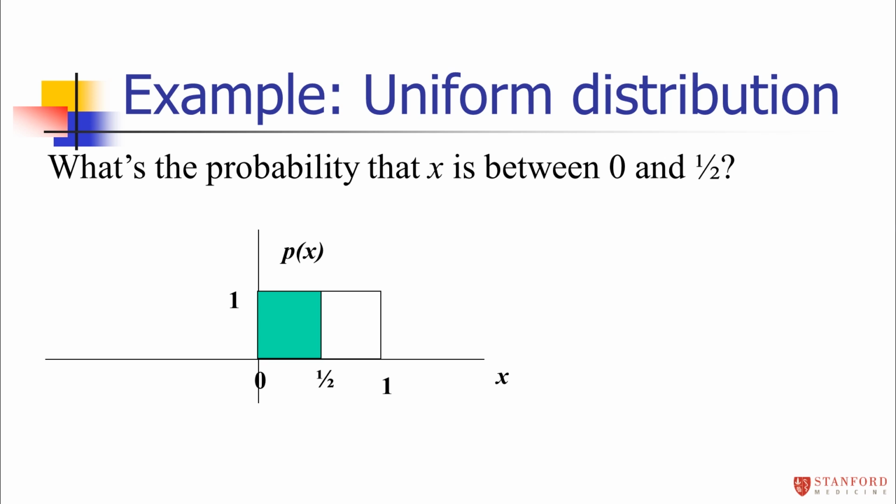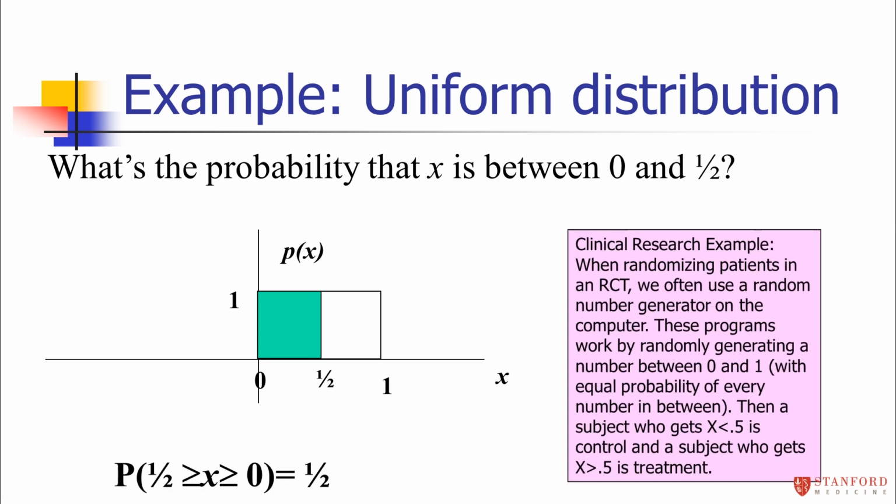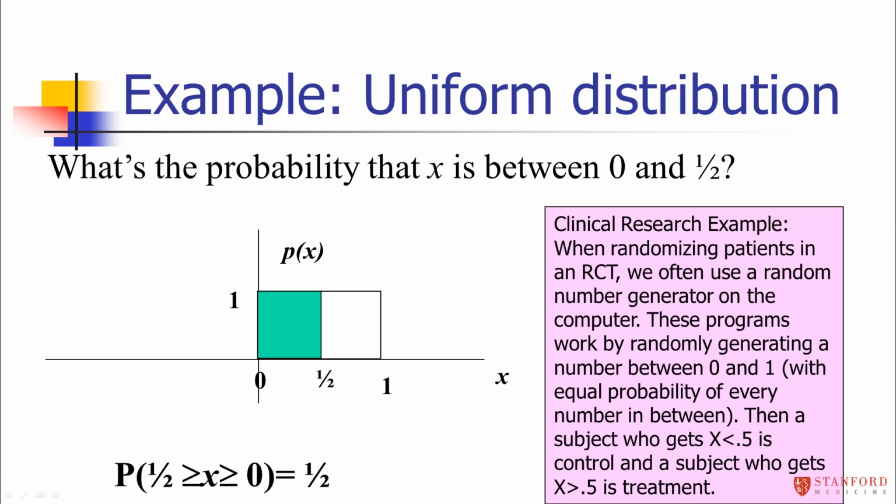And this has real practical implications in medical research. So for example, when you're doing a randomized trial and you're randomizing half the patients to treatment and half the patients to control, the typical way that you would do that is to use a random number generator in a computer. And one of the random number generators available to you works by randomly generating a number between 0 and 1 with equal probabilities of all the numbers in between.